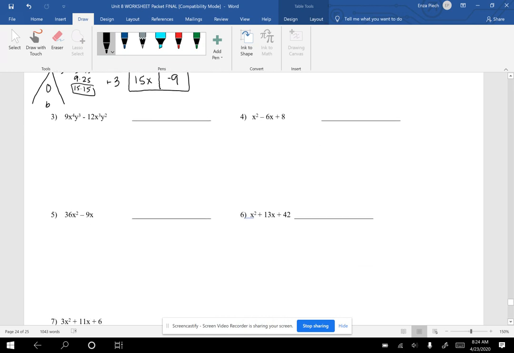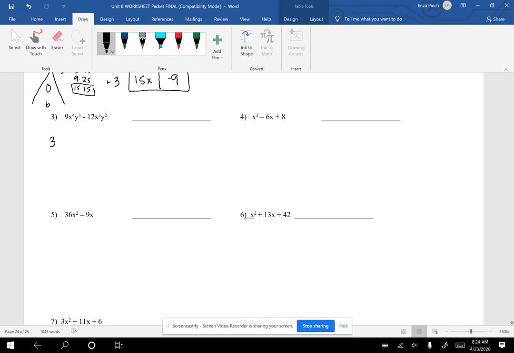Moving to the next one. Here we have a couple things going on. We've got two variables, and we also don't have our standard ax squared plus bx plus c. So what we need to do is just find what's in common and pull that out. We're just factoring out the common factors. I know that a 9 and a 12, both I can pull out a 3.